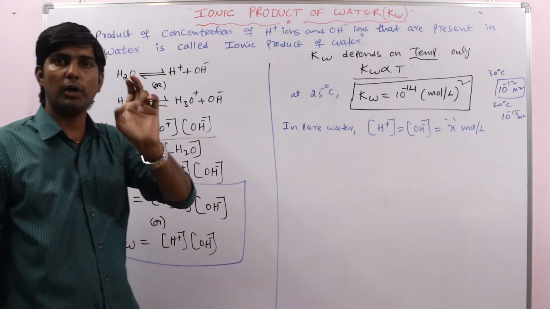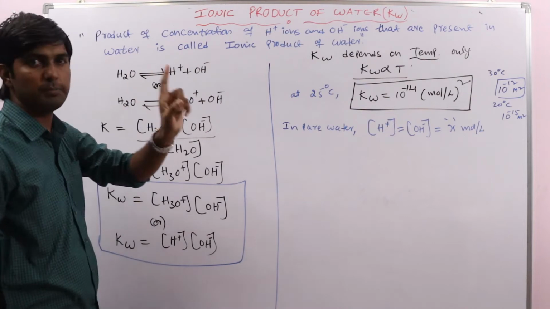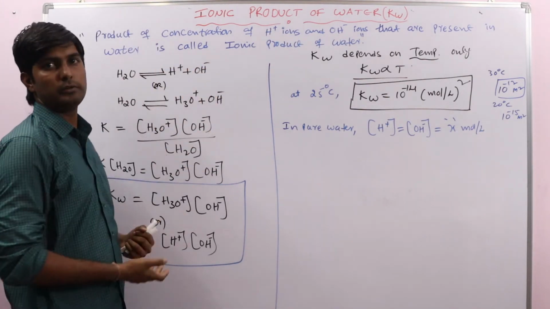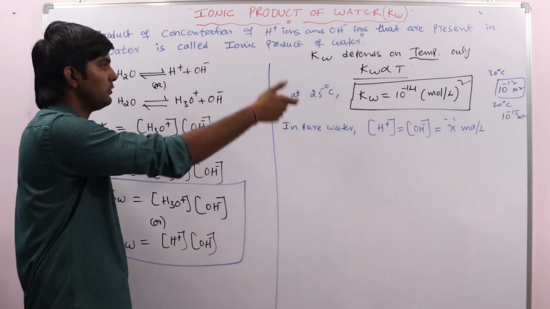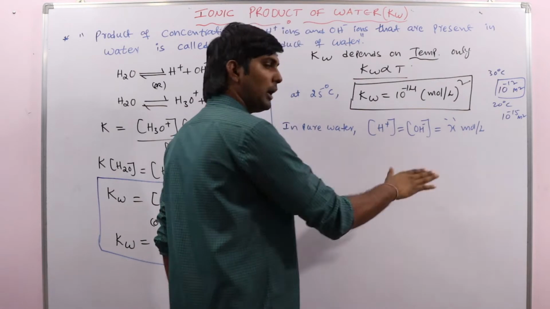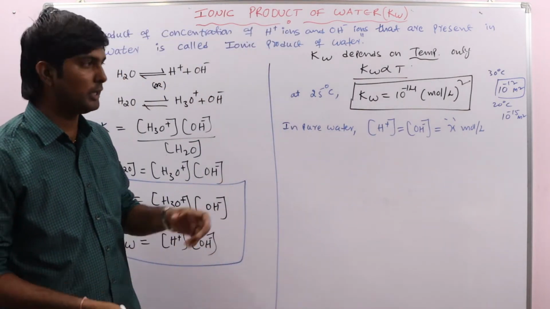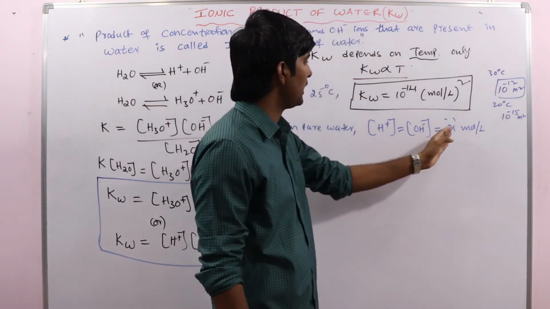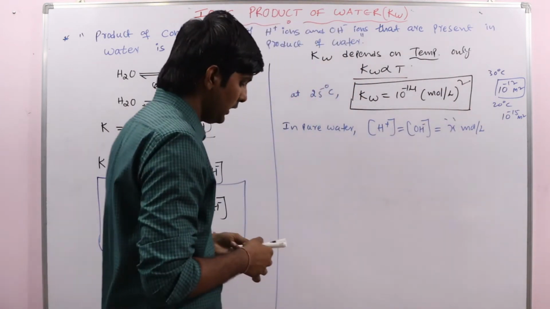See, if one water molecule dissociates, we get one H plus ion, one OH minus ion. Okay, if 1000 molecules dissociate, we get 1000 H plus, 1000 OH minus. So whatever it may be in the pure water, the number of H plus ions produced is equal to the number of OH minus ions produced, that we are assuming as X moles per liter.